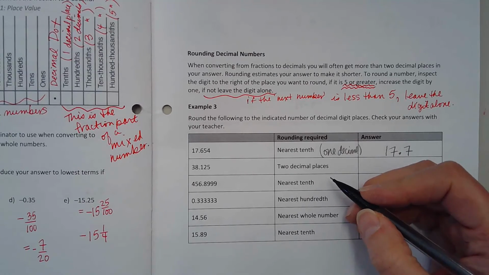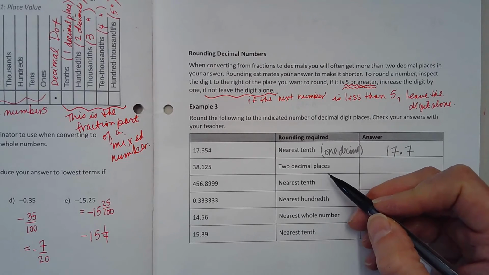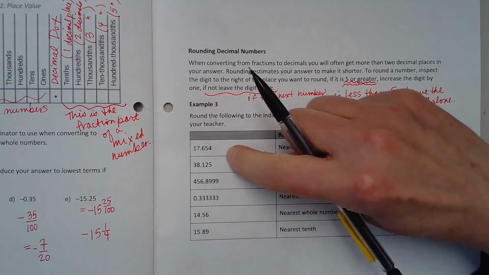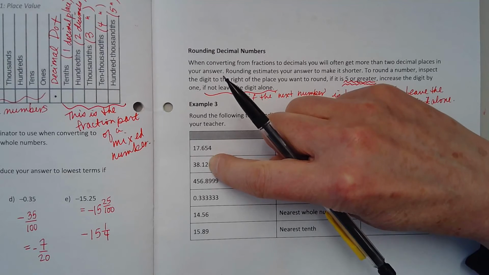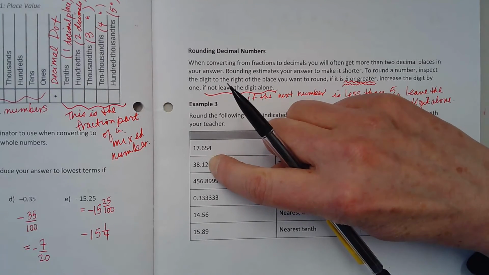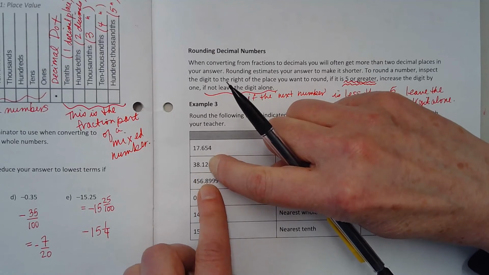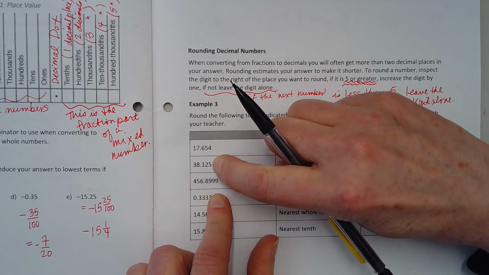Questions? Are we good? All right, the second row asks for 2 decimal places. Okay, so I cover everything except 2 decimal places. All right, so my answer is going to stay 38.12, or it's going to get bumped to 38.13. It's just that last number that gets bumped up. So I look next door.